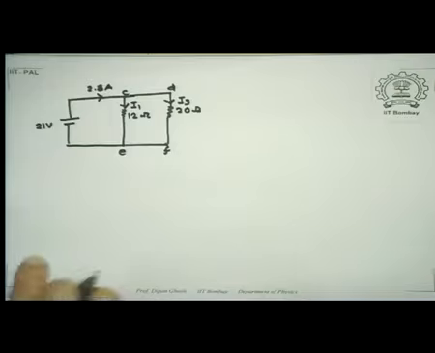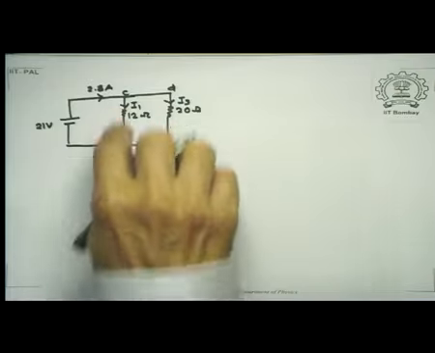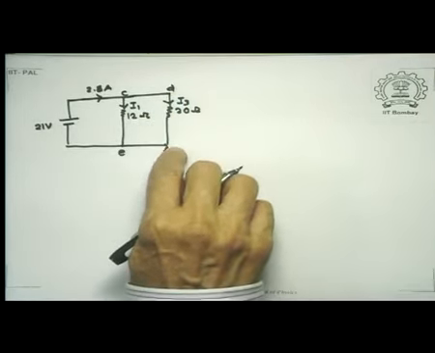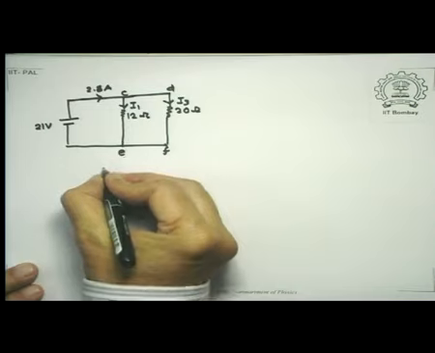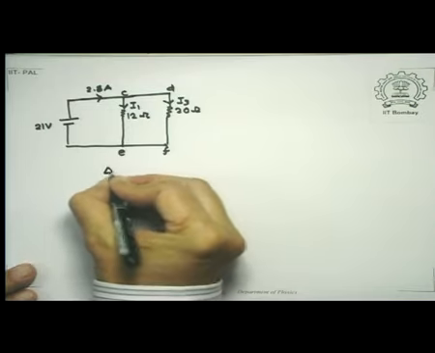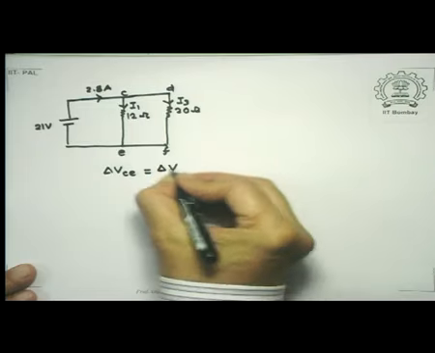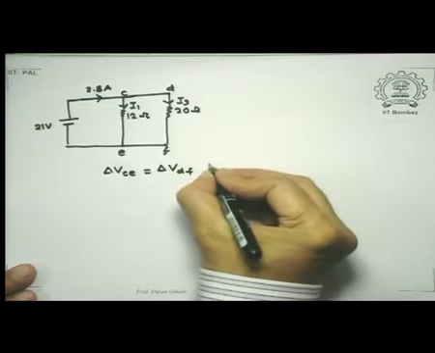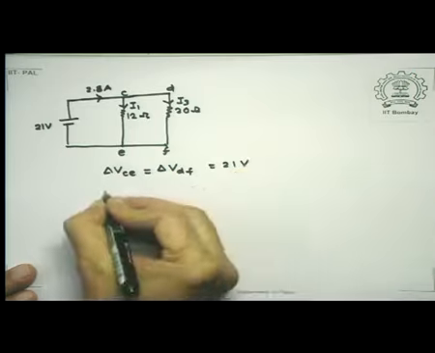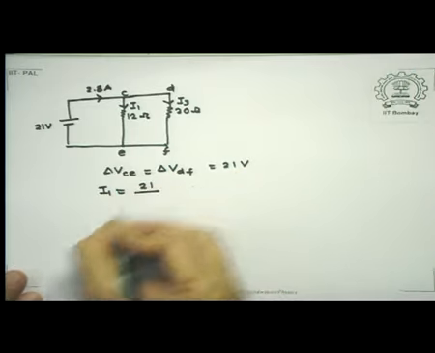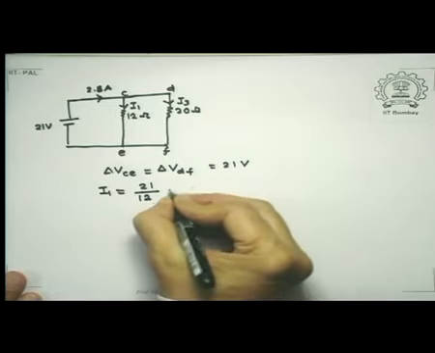So in this case, the drop across CE is the same as the drop across DF, equal to 21 volts. So delta V CE is delta V DF is equal to 21 volts. So therefore my current I1 is 21 divided by 12, as R1 plus R2.